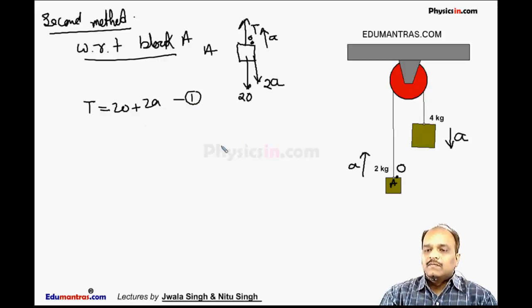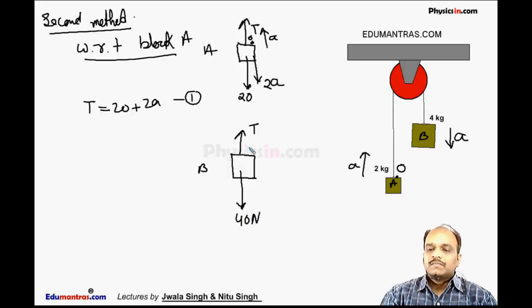In the same way, if the same observer draws the free body diagram of this 4 kg block, the tension will act upward. This is block B. The weight of this block B is 40 Newton downward. Now the observer A is going upward, so the pseudo force on this block B will act downward, because we know the pseudo force is always the mass of this block times the acceleration of this observer.